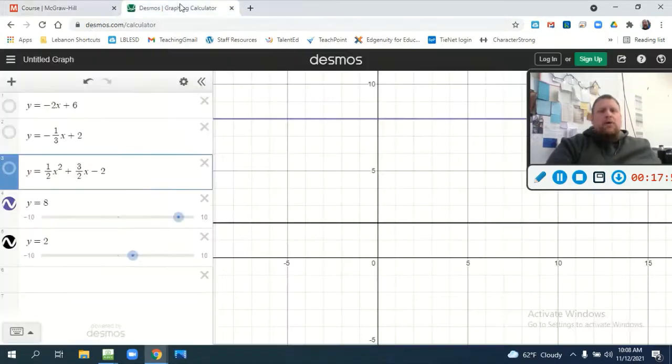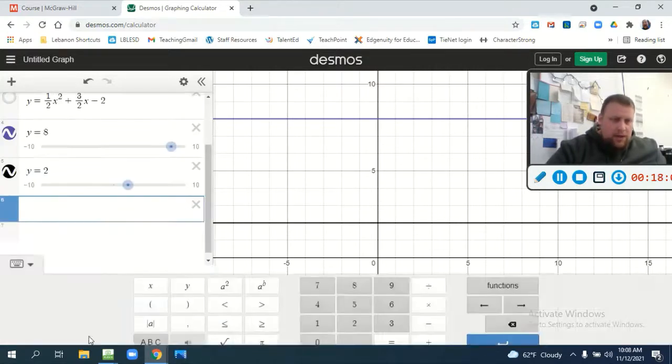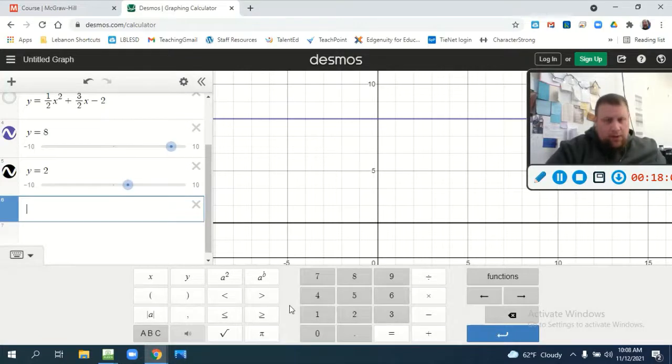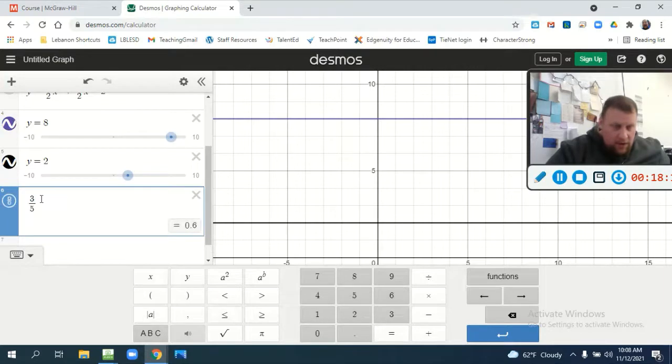The reason why I keep going back to Desmos is to show you guys. Desmos.com, just hit start graphing. And I just write in these equations. One of the ways you write in the equation, so I like to use the virtual keyboard right here. And I would say like to do one with x squared, I'm going to say, all right, what do we got? Let's say 3 divided by 5. See how it comes out like that?